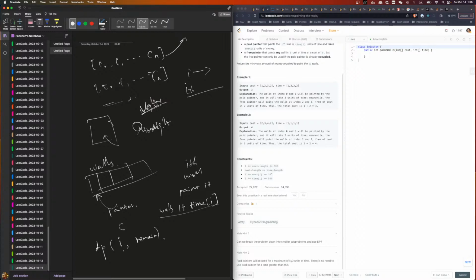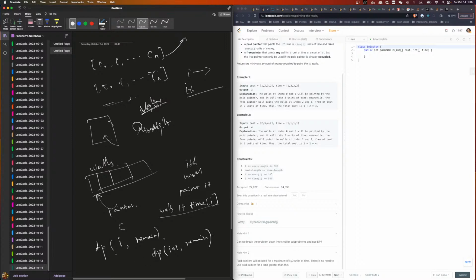So then for the ith wall, I can choose not to paint it. If I choose not to paint it, then it will be dp I plus 1 with the remain. Because I didn't paint this, I have to paint from this one to the end, but I have that many remain to paint, so this one is included.